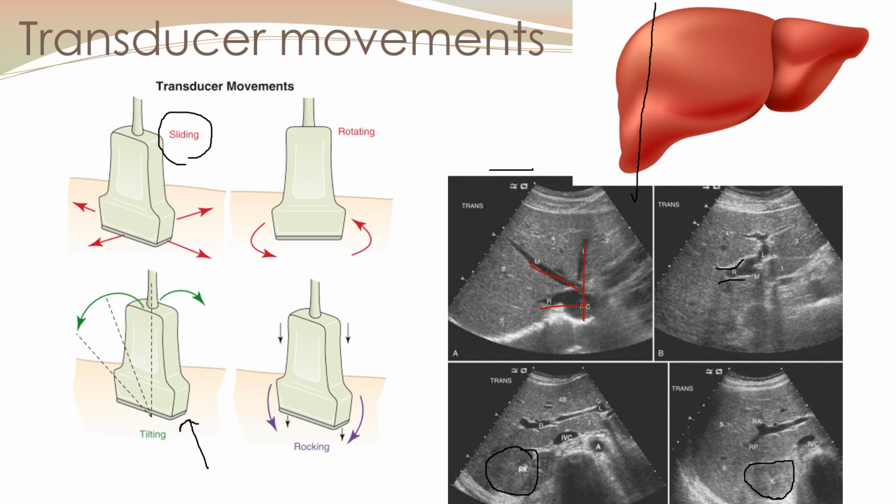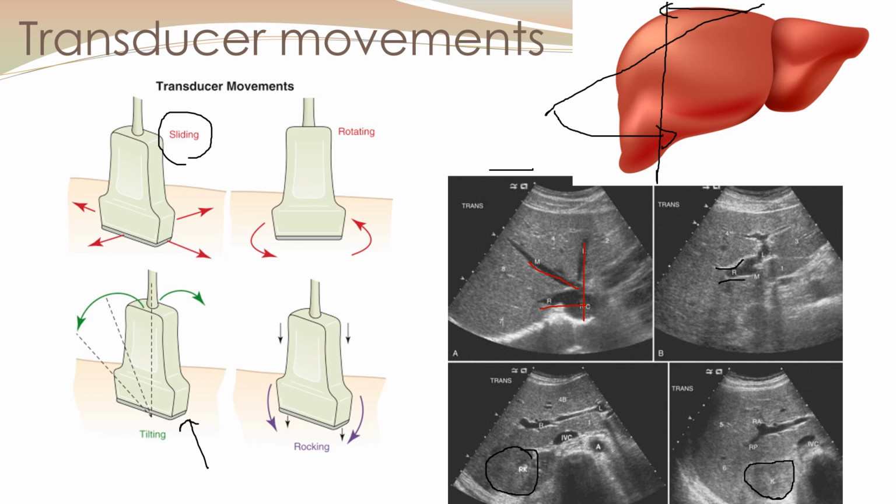But the way I have my hand positioned, I'm actually obtaining more of a dome slice. So by rotating my hand, I can move this side of my transducer over and this side of my transducer over until I'm getting that cut that I'm looking for.